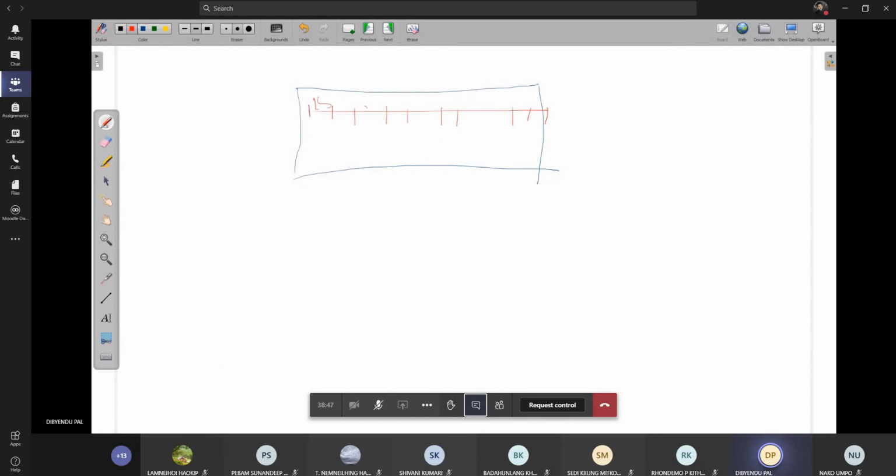The distance between two vehicles is 15, then 20, then 30, 20, 35, 20, then 85, next 20, and then 55.